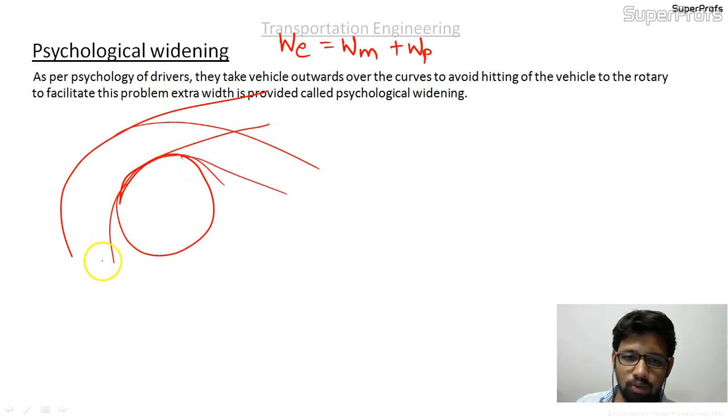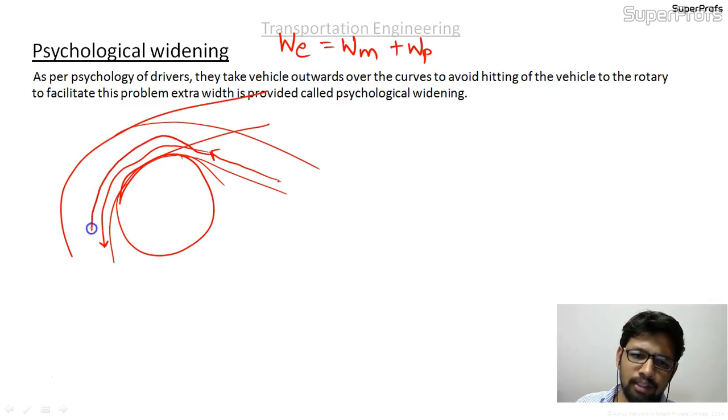Drivers, instead of taking this trajectory, follow this path. Slightly outside they'll go, to be safe enough to ensure that the vehicle is not hitting this rotary. It is the psychology of human beings.